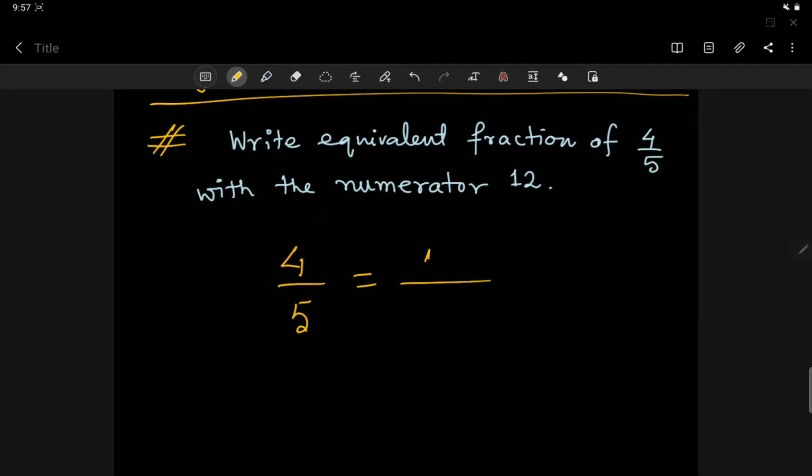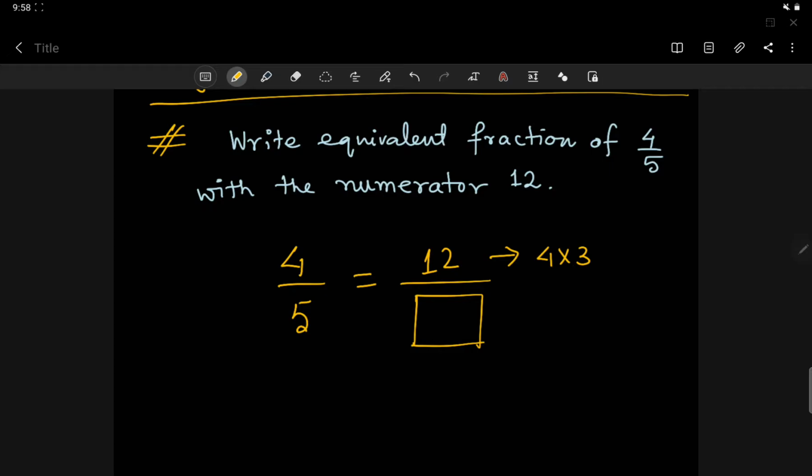In the numerator 12 is given, but we don't know which number will come in the denominator. You know, this 12 comes from 4 by multiplying by 3, because you know 4 3s are 12, right?